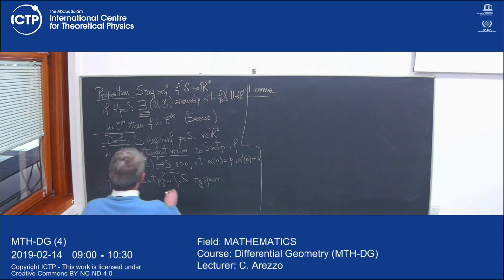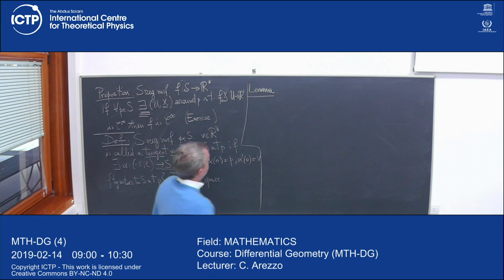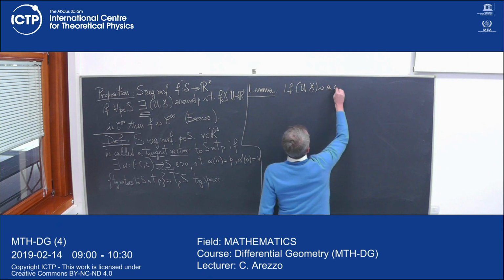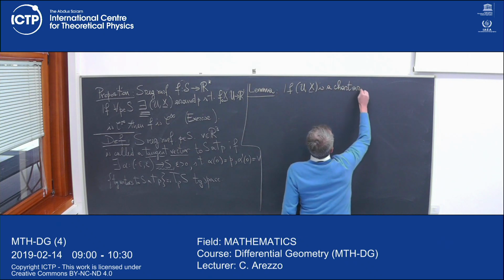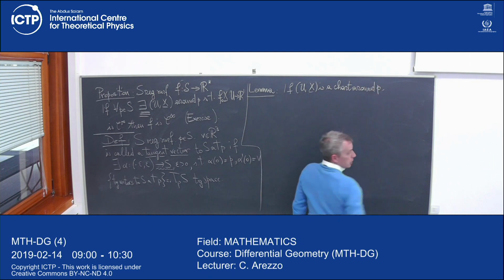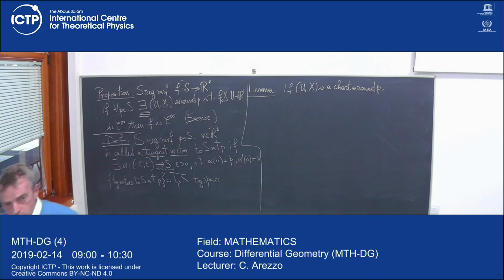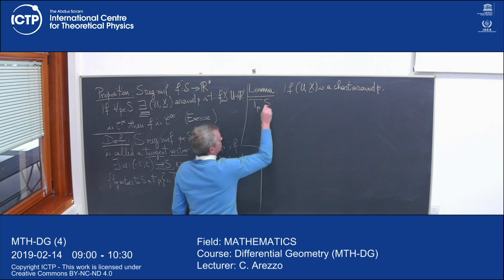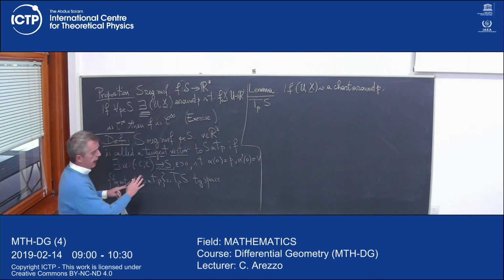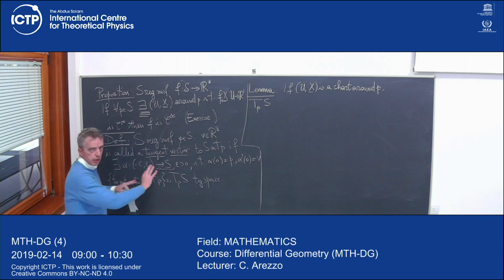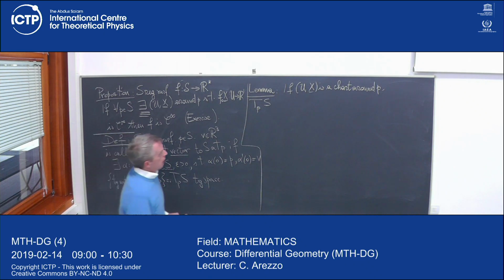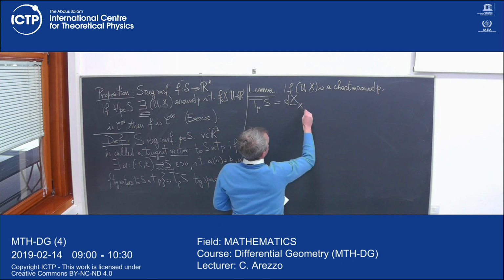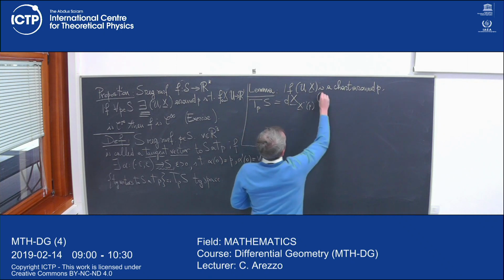Again, with these notations, S a regular surface and P a point, if (U, X) is a chart around P, then TPS, the tangent space to S, which is something that I didn't use charts to define, this is kind of intrinsically defined, but in terms of a chart, I can write it as dX at the point X inverse of P, applied to R2.